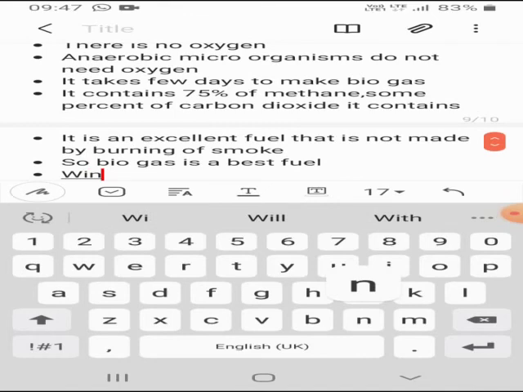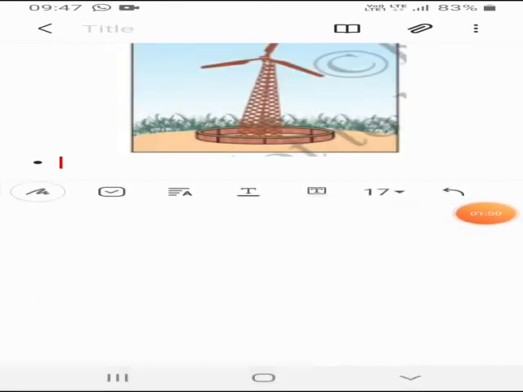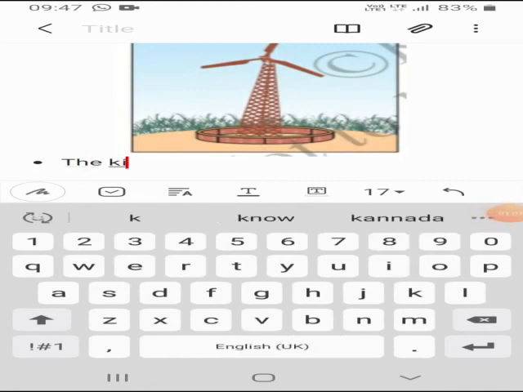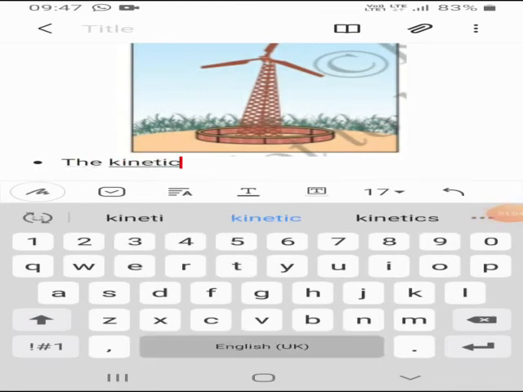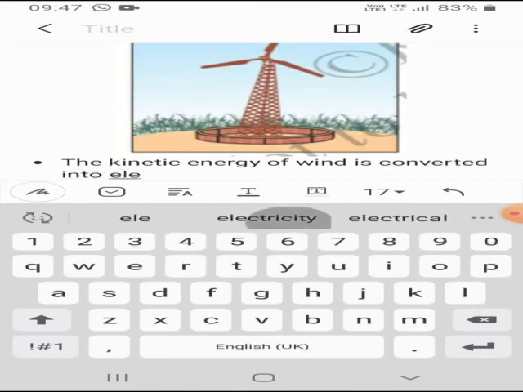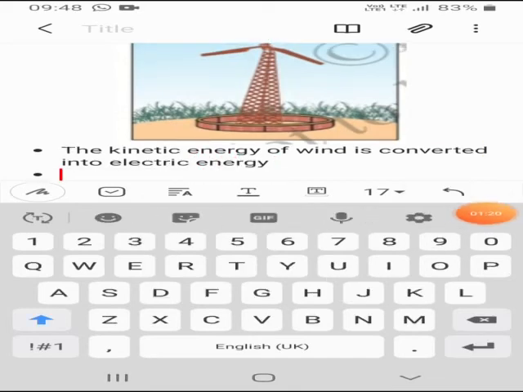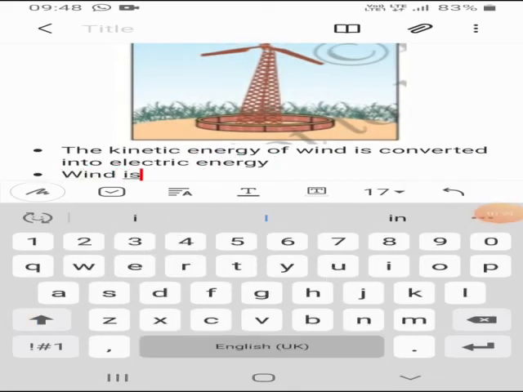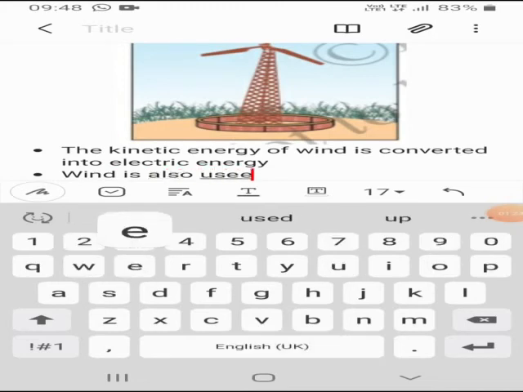So after that, next is wind energy. As you know, the kinetic energy of wind, by which the windmill runs, is converted into electric energy. Wind is used to generate electricity.